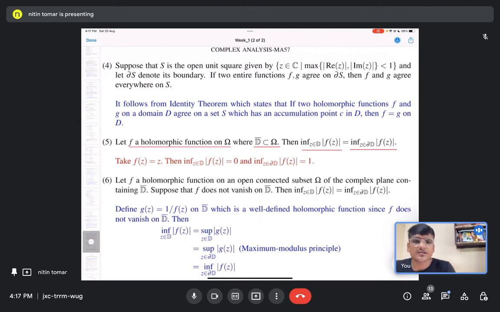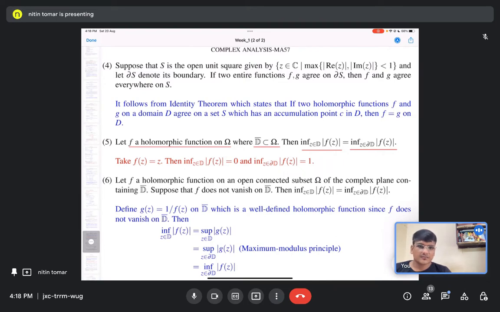You must have seen some similar kind of statement for the supremum, right? Have you seen? Okay, so the question is, are these two numbers equal, right?